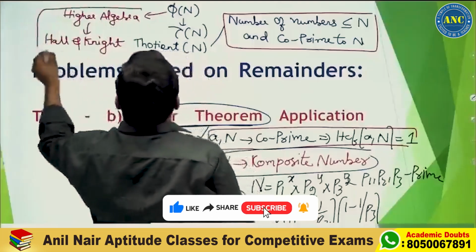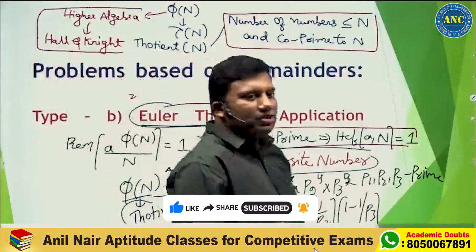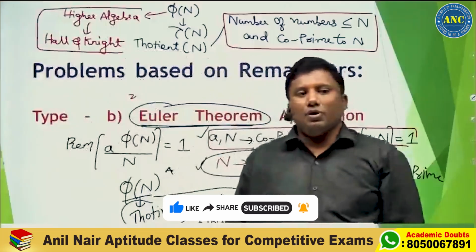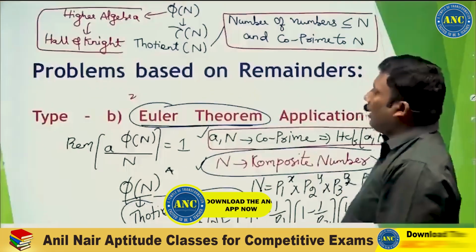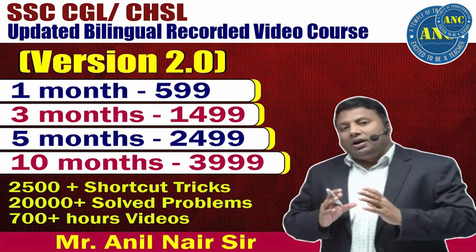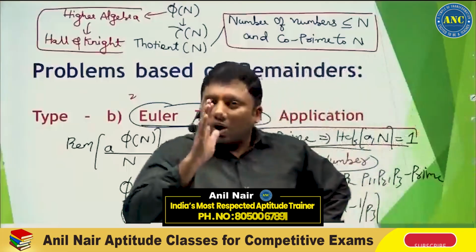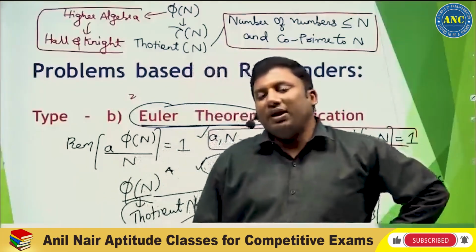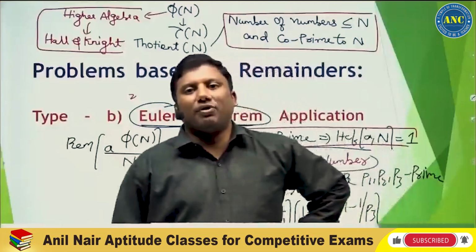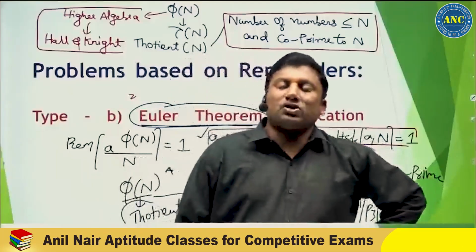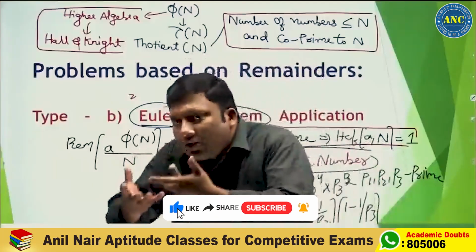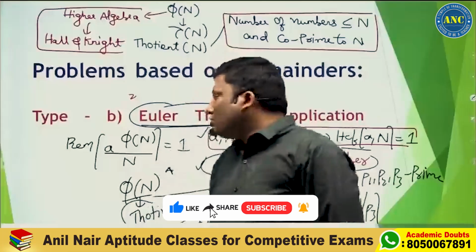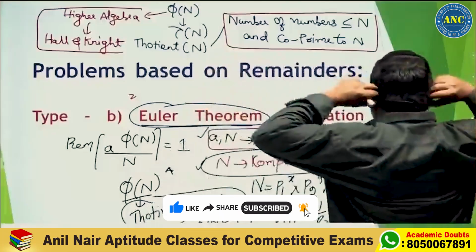Now, problems based on Euler's theorem. In not all cases will the power of the numerator when divided by the denominator give you +1 or -1 directly, so we will make use of Euler's theorem to get the answer fast.